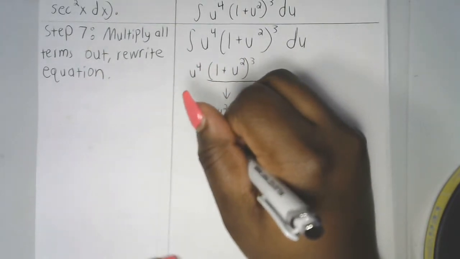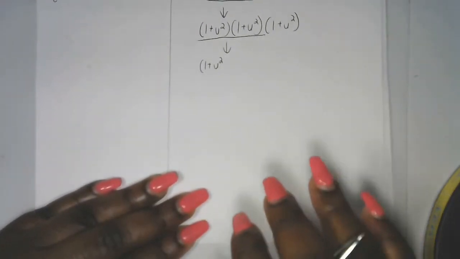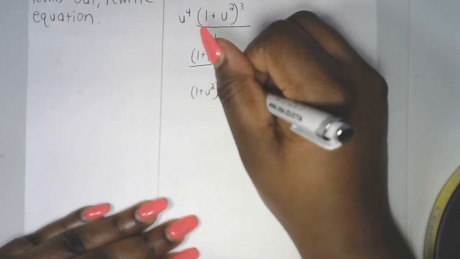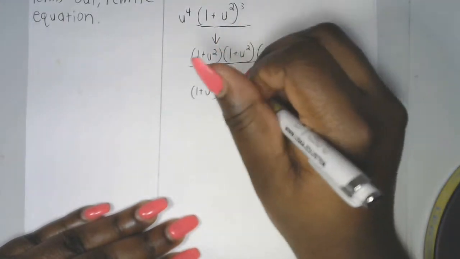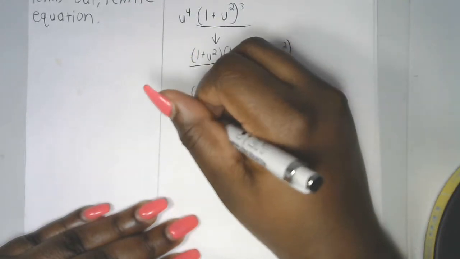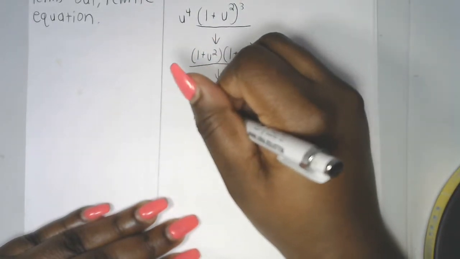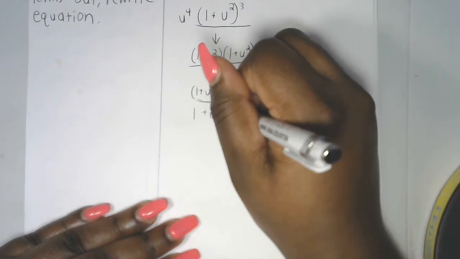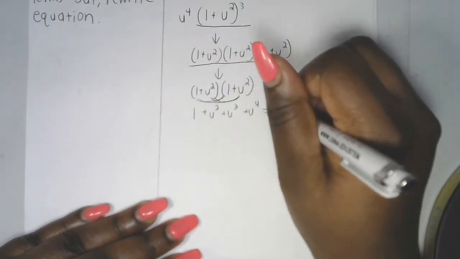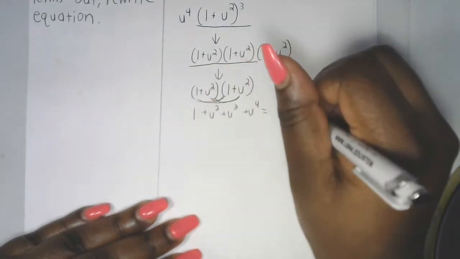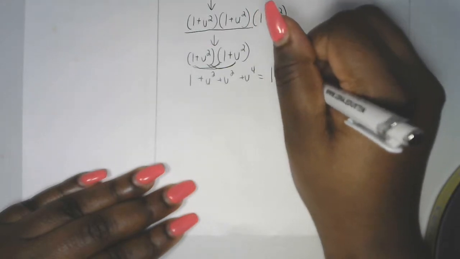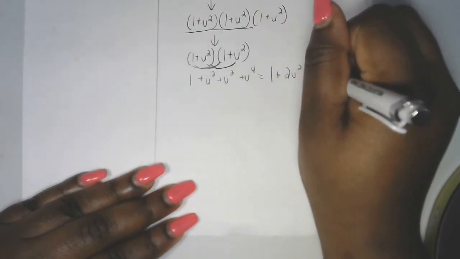So, let's start off with this. 1 plus u squared times 1 plus u squared. If we multiply this out, we get 1 plus u squared plus u squared plus u to the fourth, which, if you combine these two like terms, is equal to 1 plus 2u squared plus u to the fourth.